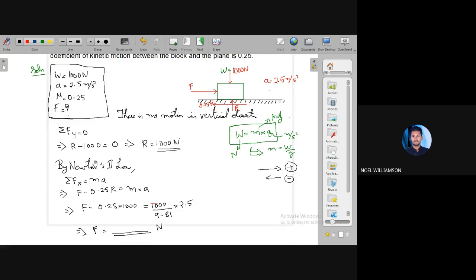There we take the sum of forces as 0. So in this case, in the y direction there is no motion. That's why we have taken sigma Fy equal to 0 and given the condition.